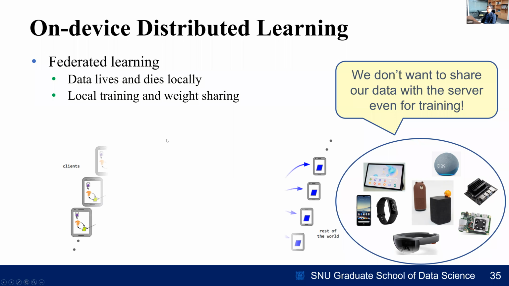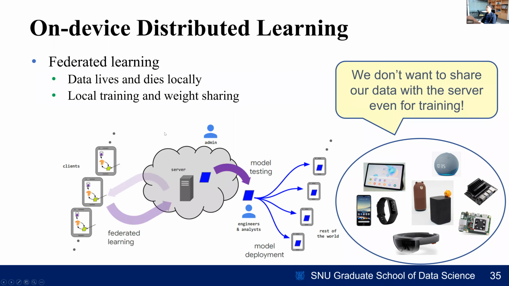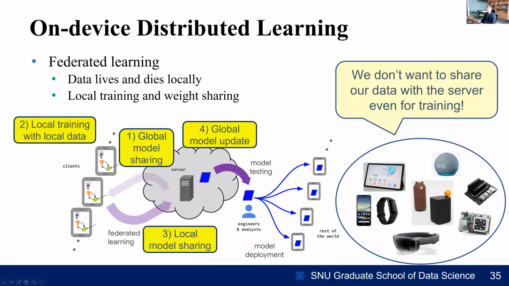In brief, the server generates a global model and shares it with local clients which participate in the training process. Once the global model is given, each client trains the model locally by using its own data, not centralized data, but its own data.